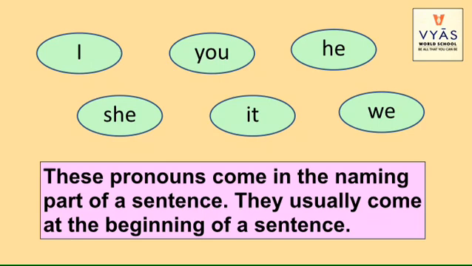That means these pronouns are used to replace a name in a sentence, and that is why they usually come at the beginning of a sentence. Like, we had coffee in the evening. He is a good boy.